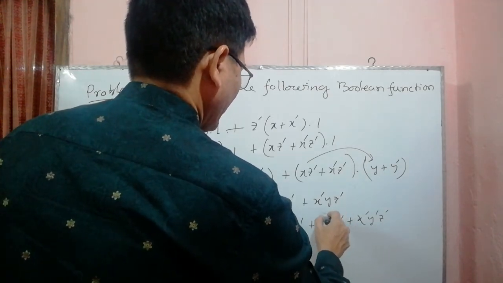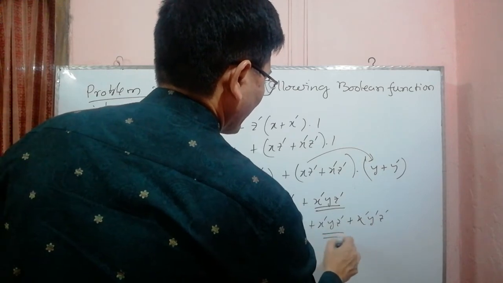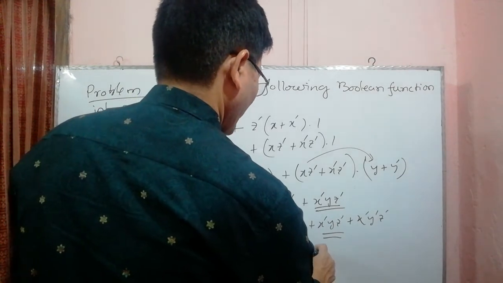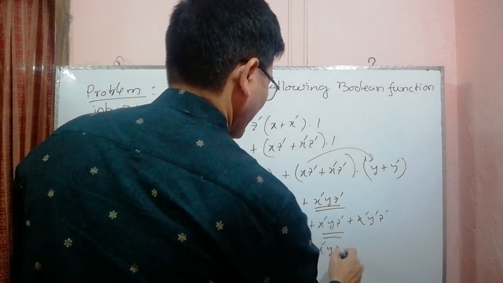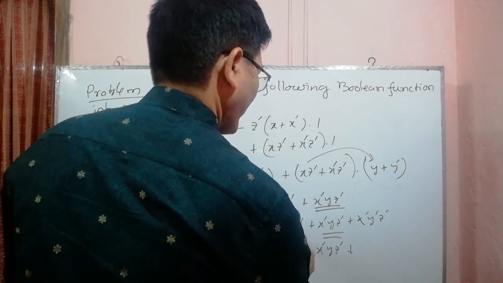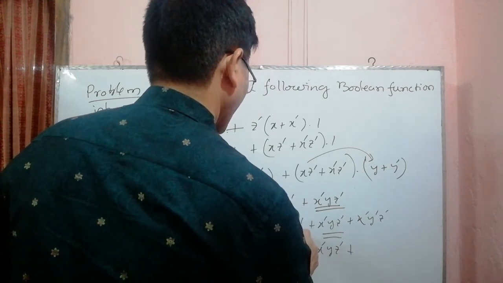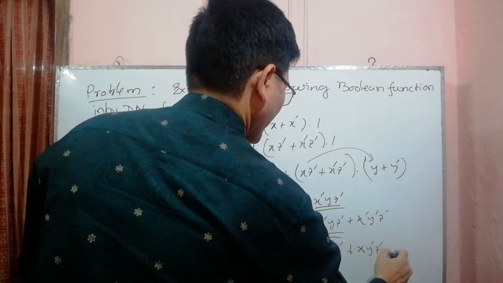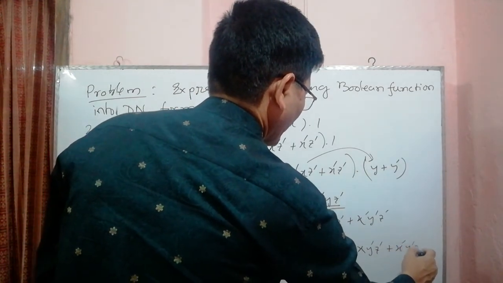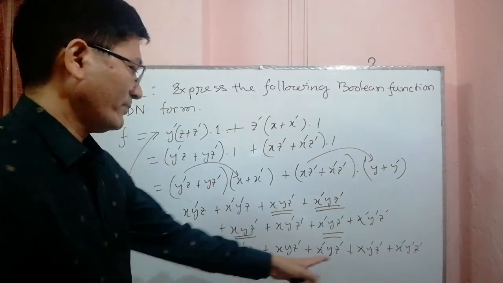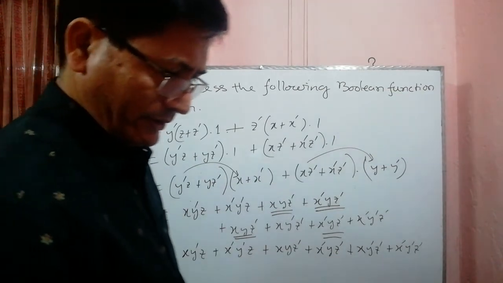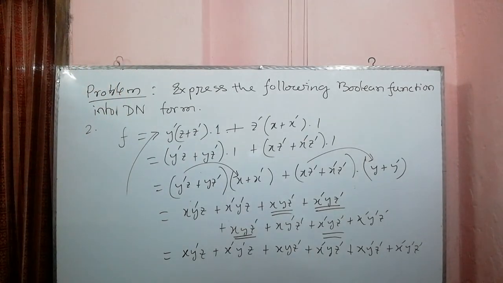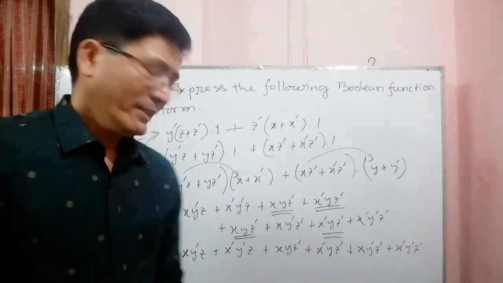Again these terms occur two times. So x prime y and z prime, and x y prime z prime, x y prime z prime plus x prime y prime and z prime. Dear students, this is our required DN form.